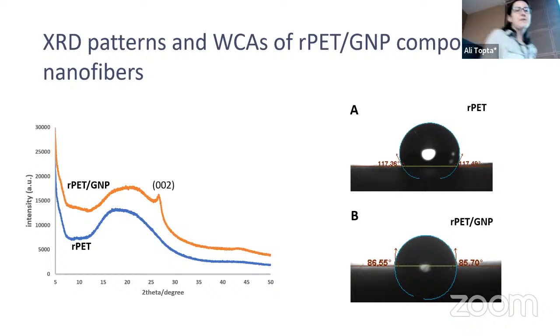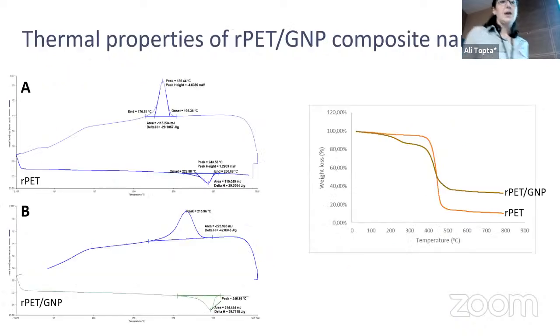And also when we investigated the average water contact angles of these nanofibers, I observed that the average contact angle of the composite nanofibers decreased by nearly 30 degrees. Then I investigated thermal properties of these nanofibers.